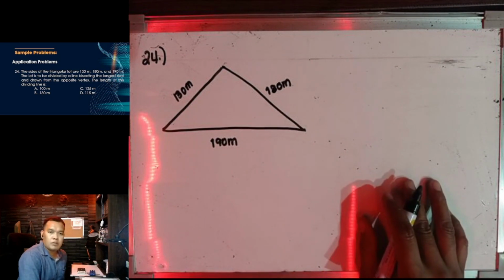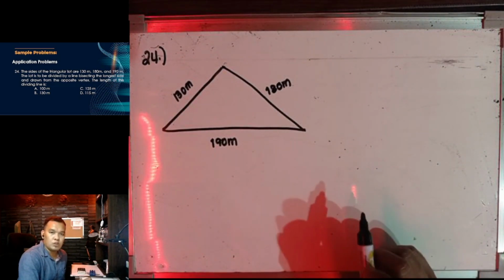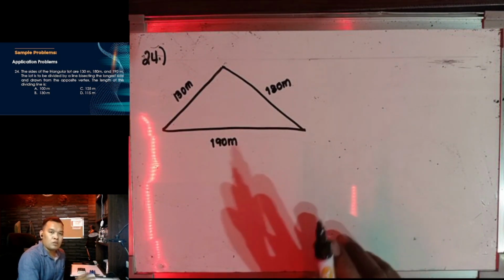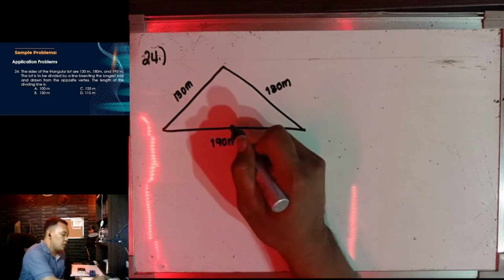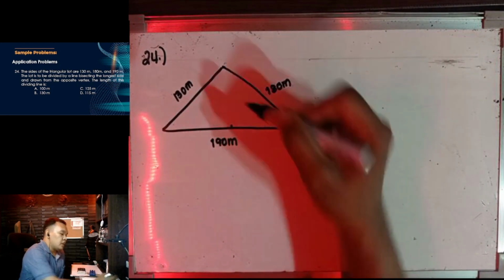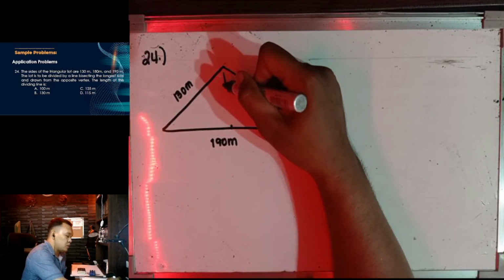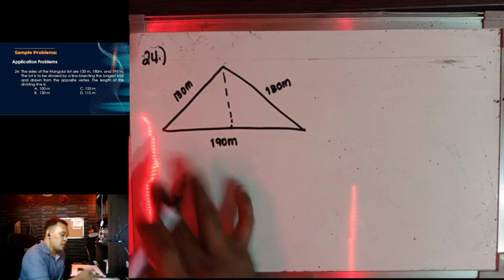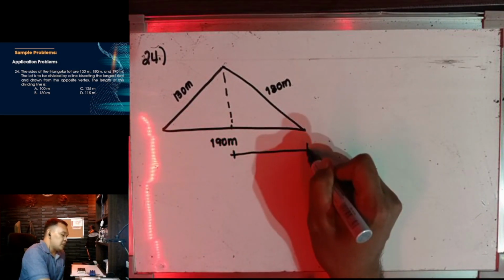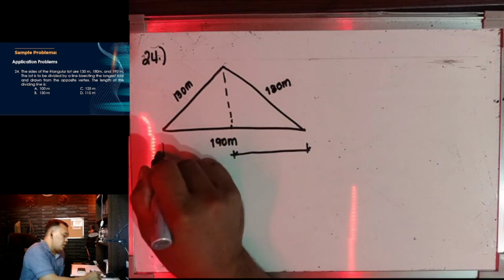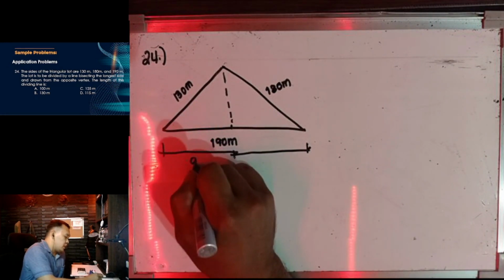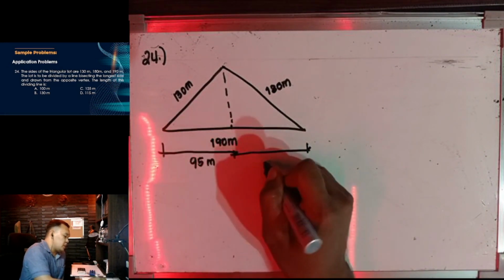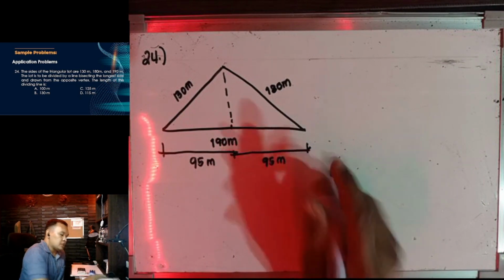Then, sinabi dun sa problem na yung lot daw is i-divide into two parts na yung dividing line is nag-bisect dun sa longest side, then up to the vertex of the opposite of the longest side. So, kung nag-bisect tayo ng longest side, ibig sabihin ito ay nahati sa dalawang equal part, which is equivalent kay 95 meters and 95 meters.